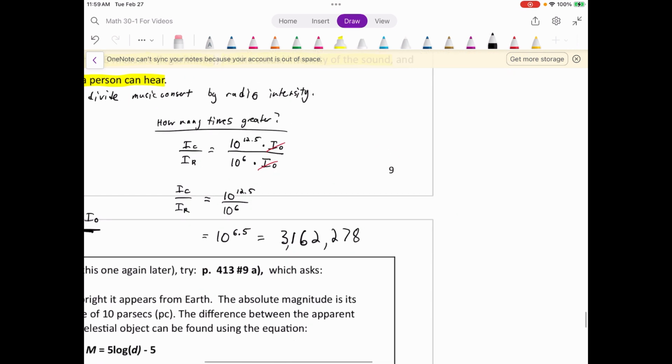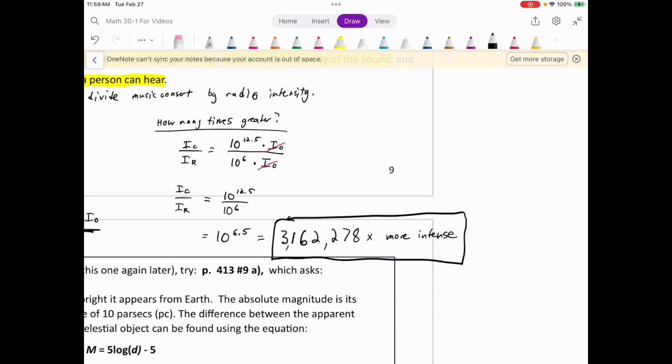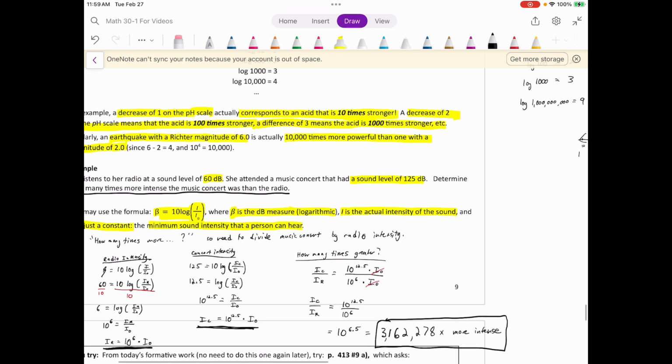So that means the concert is that many times more intense. It's releasing 3 million times more sound energy per second than the radio, okay? So that 125 decibels, though it kind of sounds like it's only twice as loud as this one, it's actually 3 million times more intense, 3 million times more sound energy being released, okay?